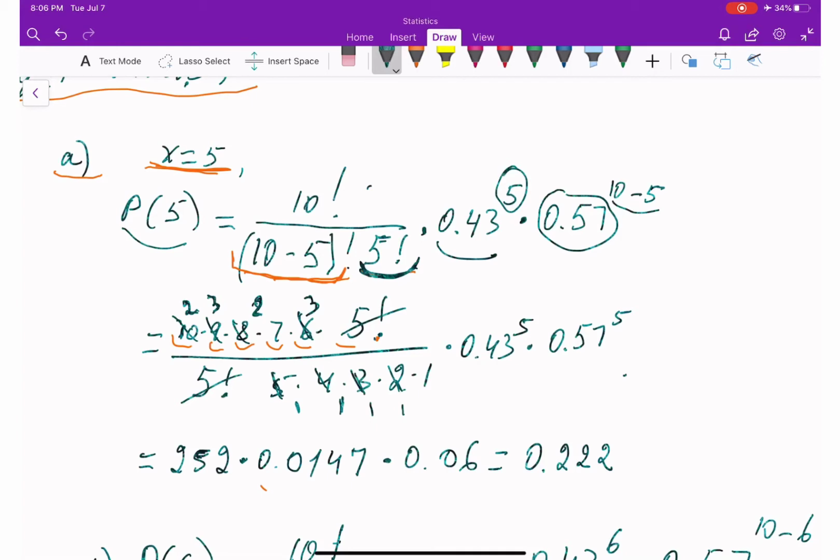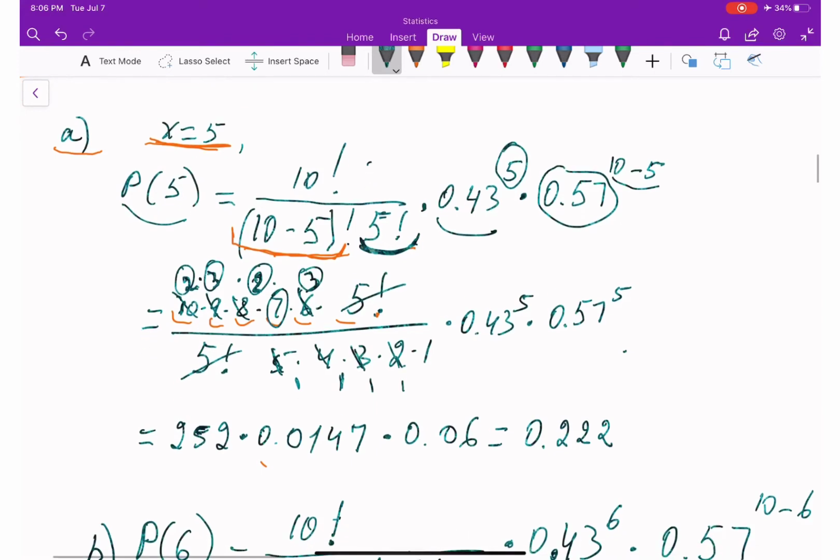And that's all. So what's left? 2 times 3 times 2 times 7, and then times 3, and that's it. If you multiply all these numbers, you are getting 252.